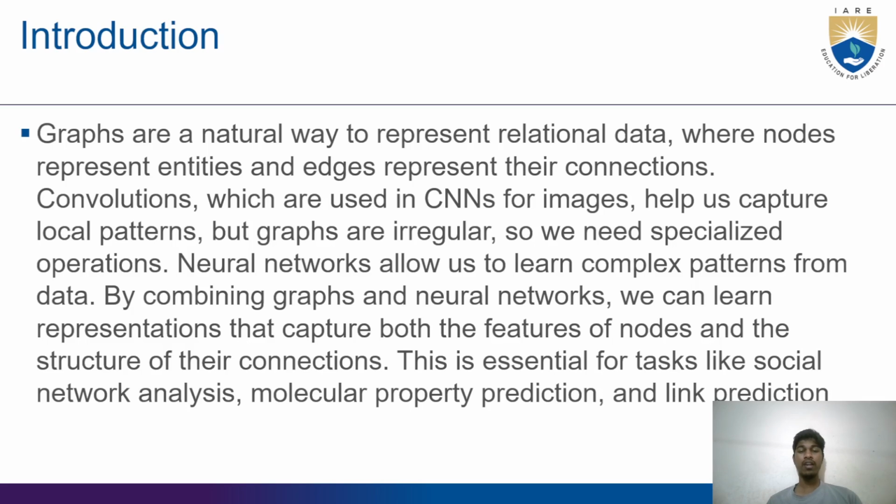Neural networks allow us to learn complex patterns from data. By combining graphs and neural networks, we can learn representations that capture both the features of nodes and the structure of their connections. This is essential for tasks like social network analysis, molecular property prediction, and link prediction.